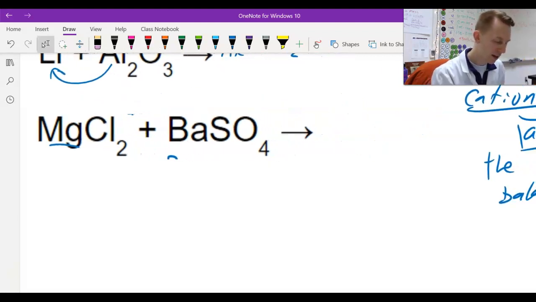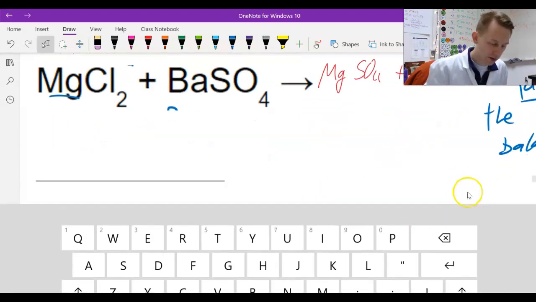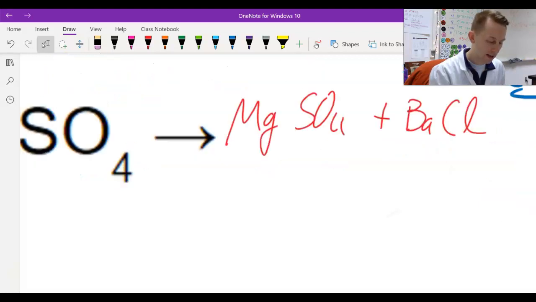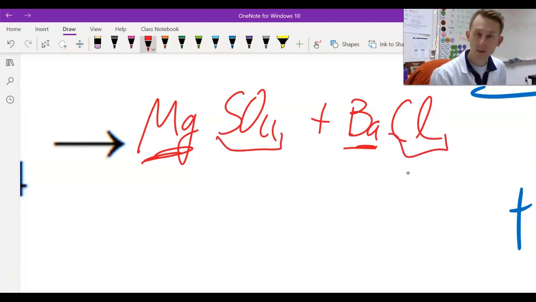But in the end, you should end up with the following: MgSO4 and BaCl. And you could have BaCl first, or second, like I have it. Either way, it's fine. And it has to be this way because metal, non-metal, metal, non-metal, or cation, anion, cation, anion.